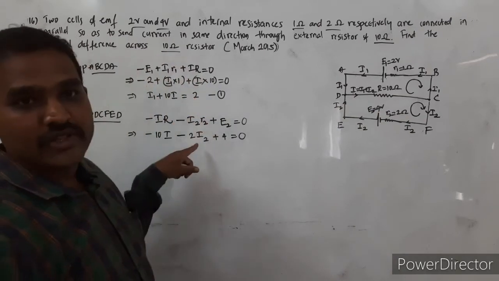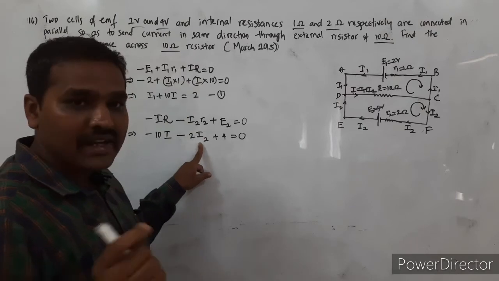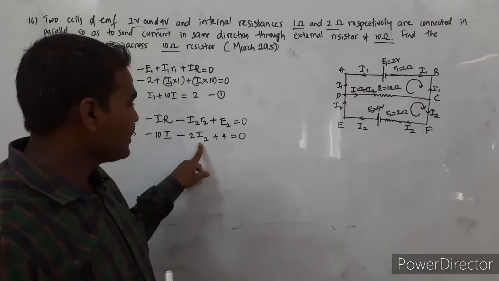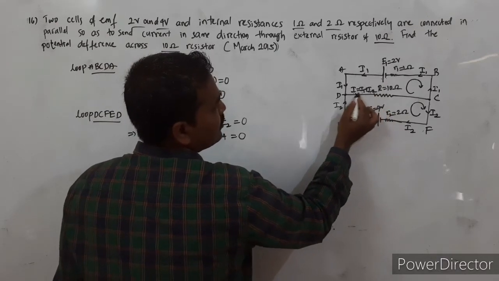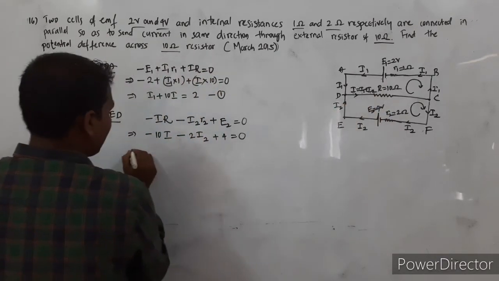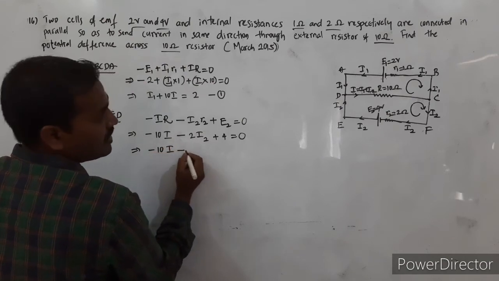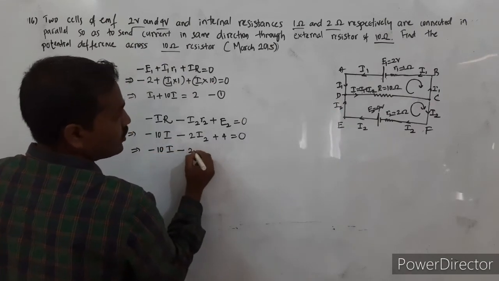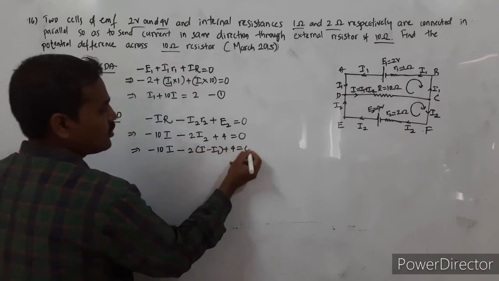So we have only two equations here, so let us eliminate one of these terms. I2 I write in the form of capital I and I1. I1 plus I2 is equal to I, so I2 is equal to I minus I1. Minus 10I minus 2 into I2, that is I minus I1, plus 4 is equal to 0.